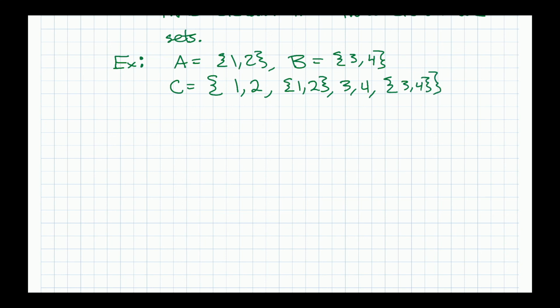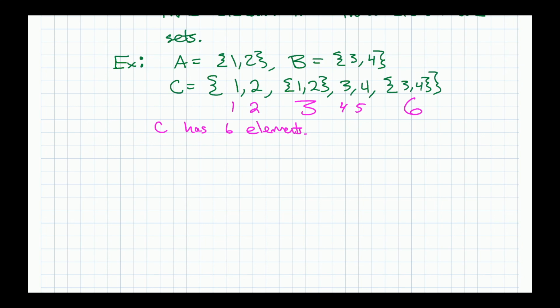That can be confusing to look at, but if you wanted to figure out how many elements this set had, let's just count them. So this is 1, 2, this is one thing, it's a set, 3, 4, 5, 6. So C has 6 elements.